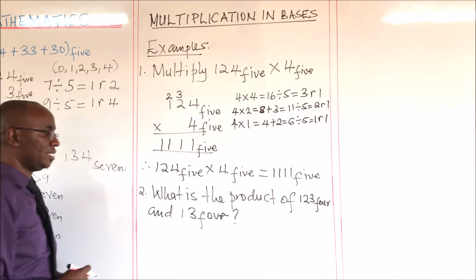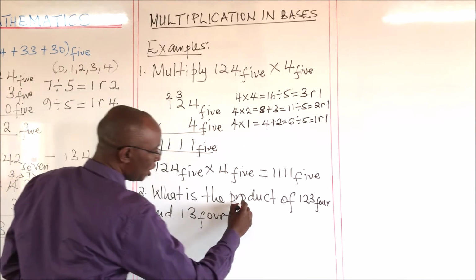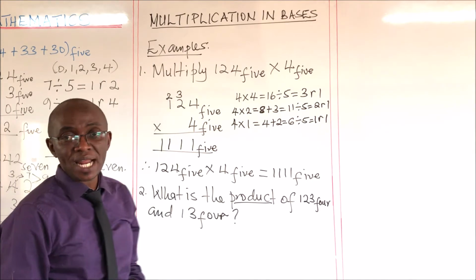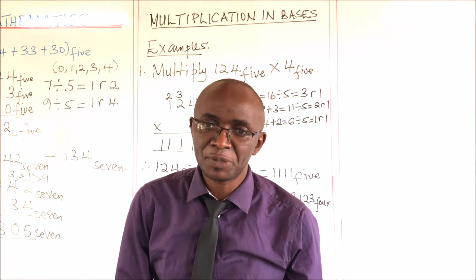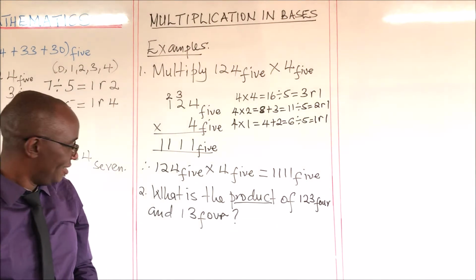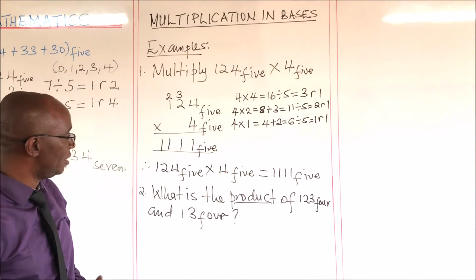Now you have to look at this word product. What does the word product mean? Product is the result we get after multiplying. So when you multiply, what you get as the answer is what we call the product.